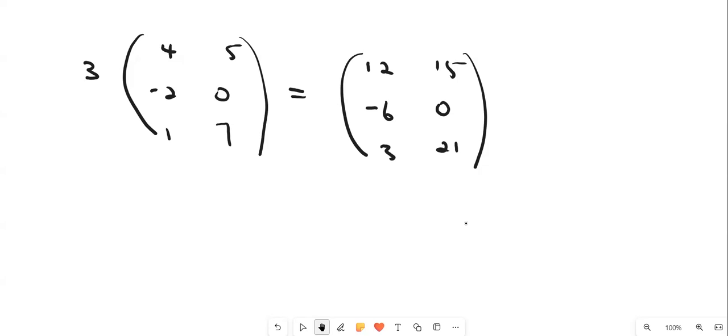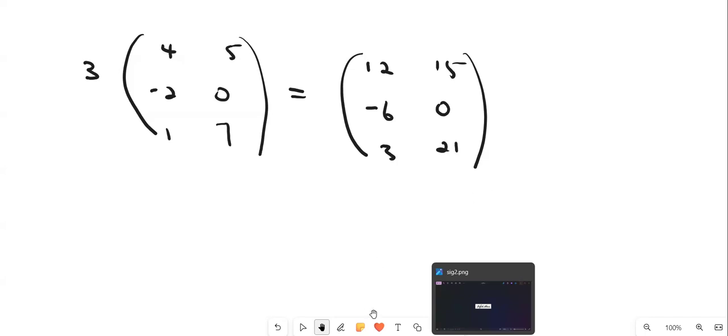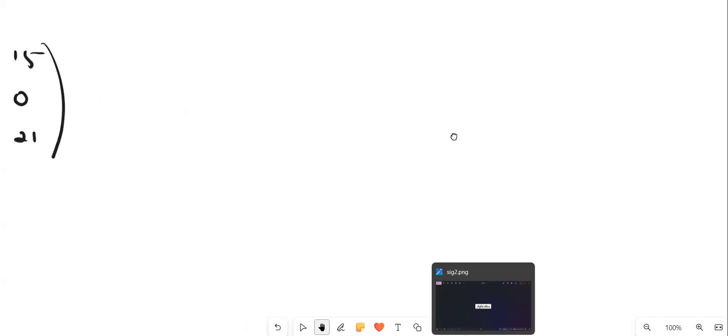So let's cook up a matrix 4, 5, 7, 2, 1, 0. Let's go with that. And this will be a 2 by 3 matrix.